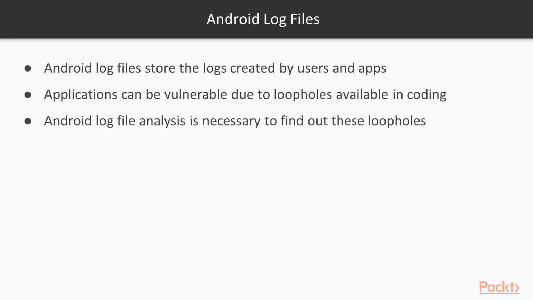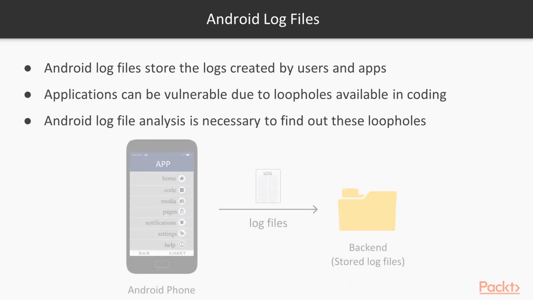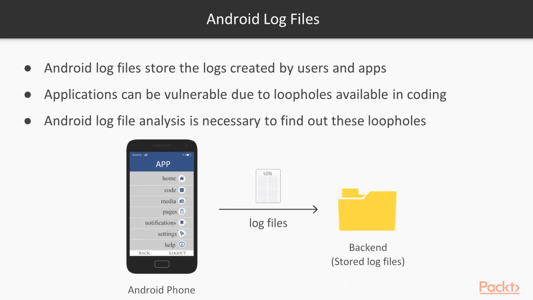You can see in the first point that Android log files store the logs created by the users and apps. Actually, it's true. Let me give you an example of how it works. Basically, this is, for example, an Android mobile phone, and this is the backend. This is log files. So whatever apps the user opens inside the Android mobile phone and other work inside Android, it creates some logs and the logs are saved in the backend.